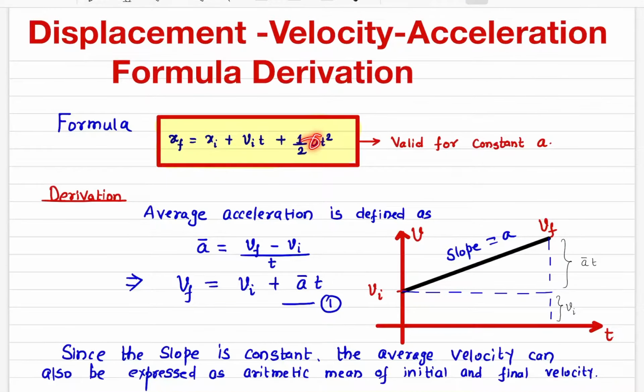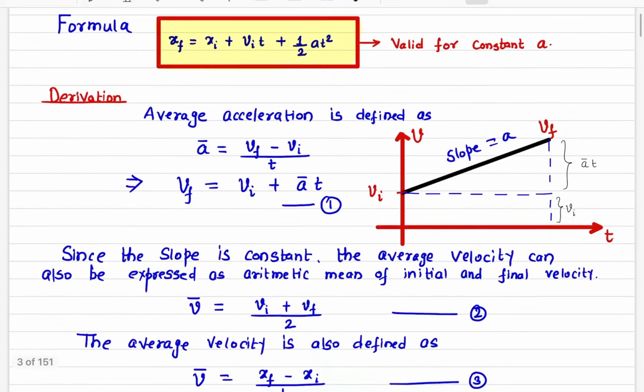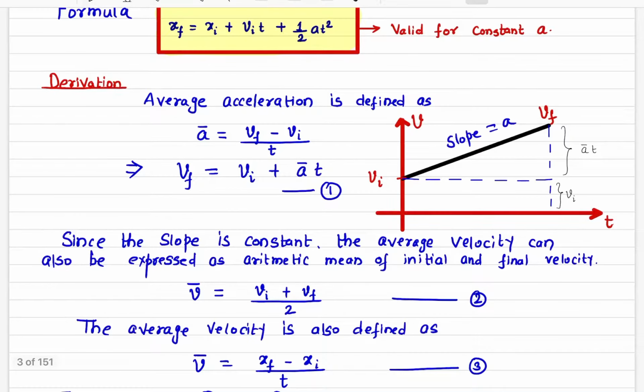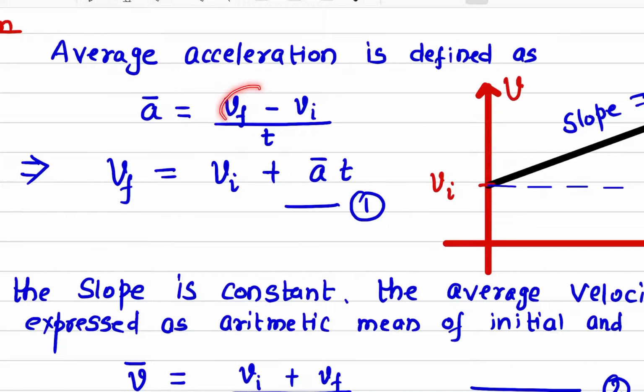First, we're going to define acceleration. There are two terms of acceleration: the average acceleration and the instantaneous acceleration. The average acceleration is defined as the change in the velocity over a certain period of time.